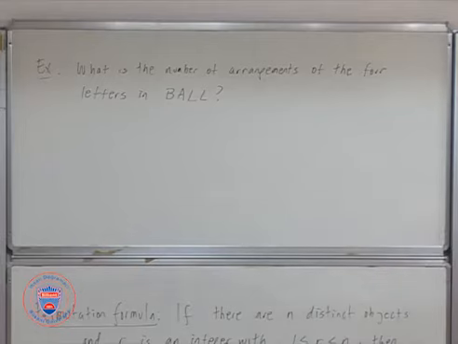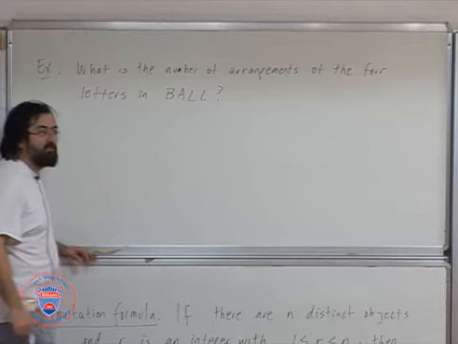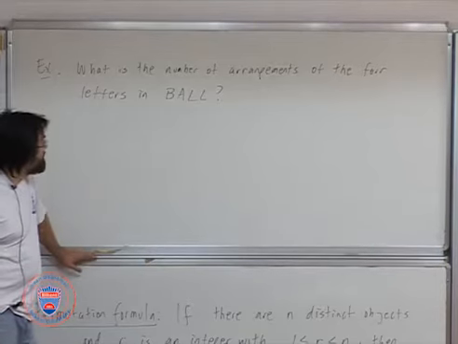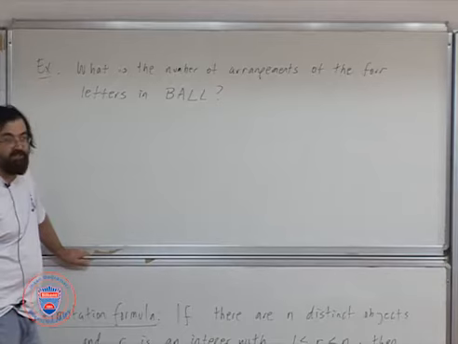If they were all distinct, you'd have 4 factorial, which is 24. But we expect that it's not going to be 4 factorial. Anybody know the answer? 12, half of it, right?